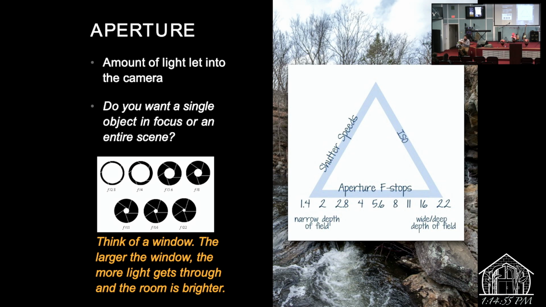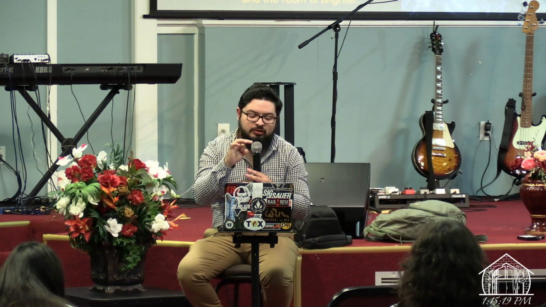When you see f2.8, the aperture, which is the little ring, is really open, so you get a lot of light in, which in some instances is good, but when you have a harsh light outside, you don't want that. So you're going to have to compensate. If you see an f22, because we want everything clear, it's really close.